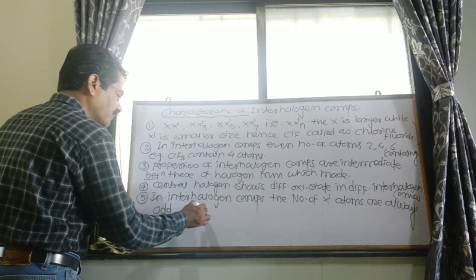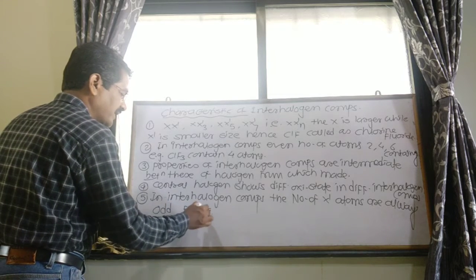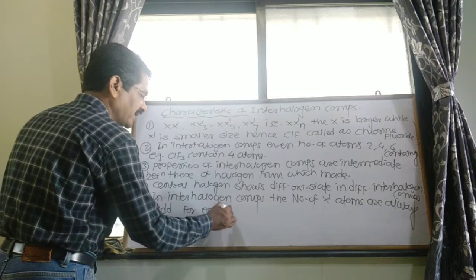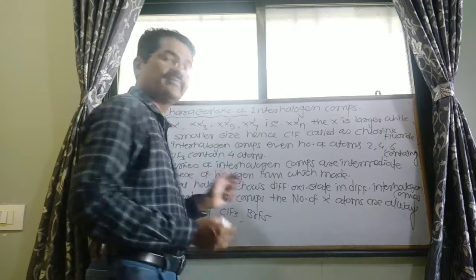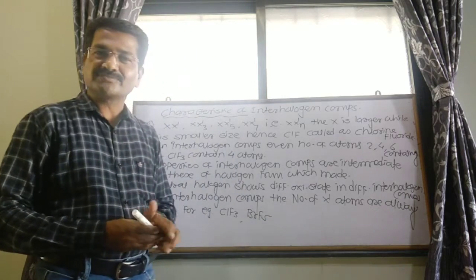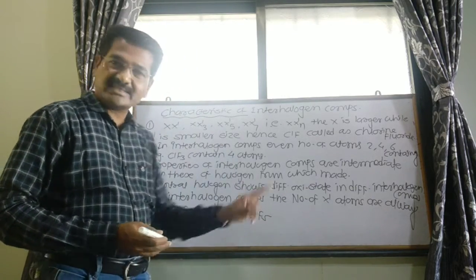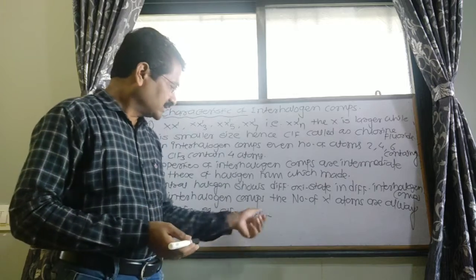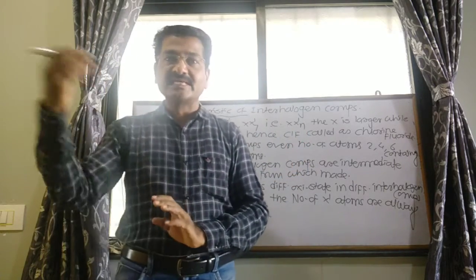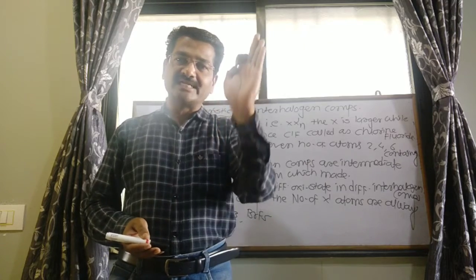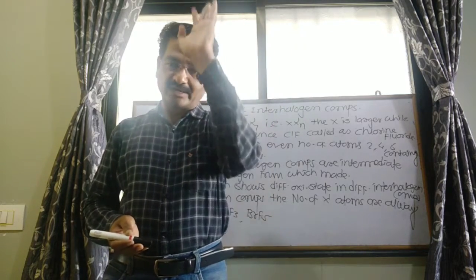For example, ClF3, BrF5. See in these compounds, the fluorine count is odd, that is 3, and this one is 5. It means that in any interhalogen compound, the number of X dash halogens is odd, that is 1, 3, 5, 7, and likewise.